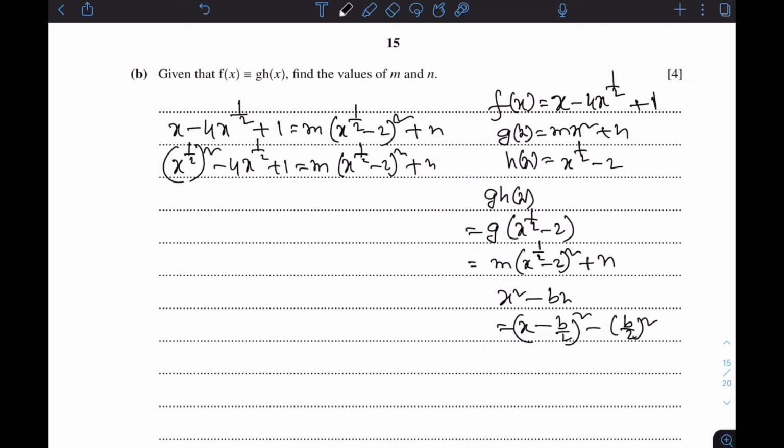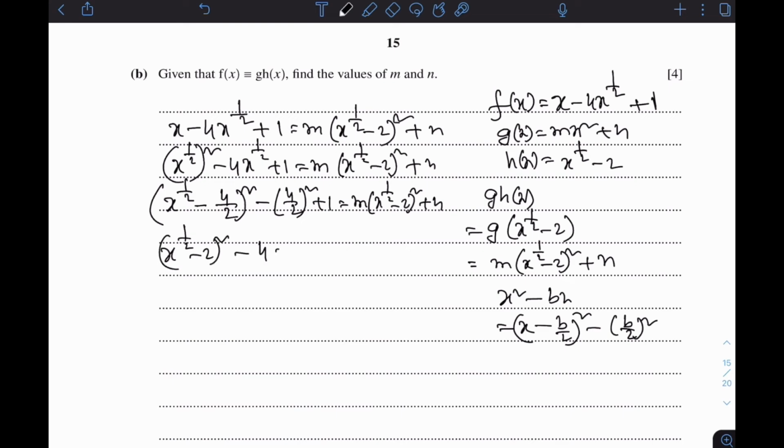So let me use this formula here. (x to the power half minus 4 by 2) whole squared minus (4 by 2) whole squared plus 1 equals m (x to the power half minus 2) whole squared plus n.